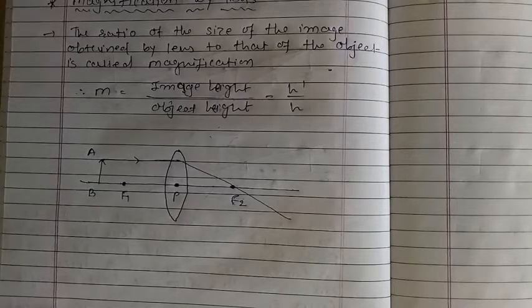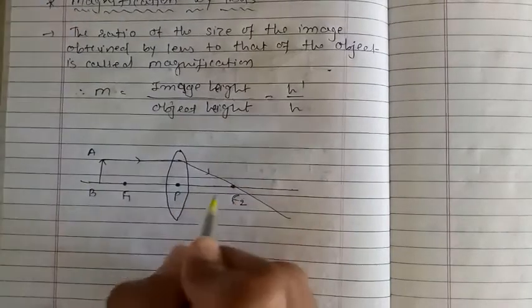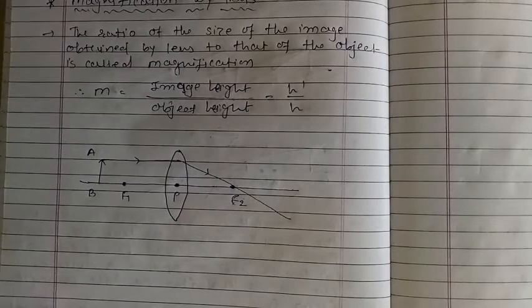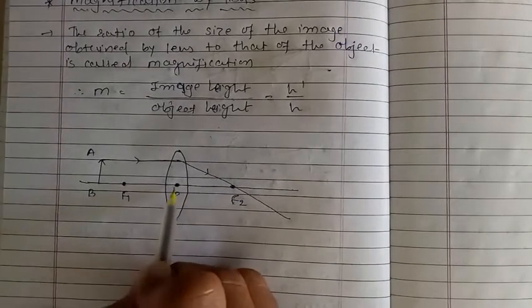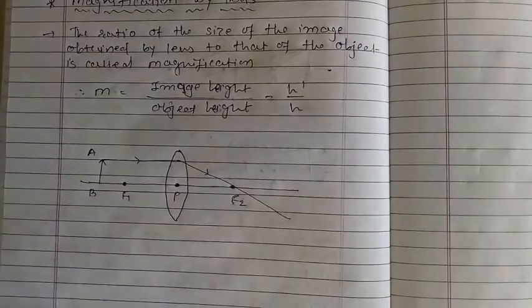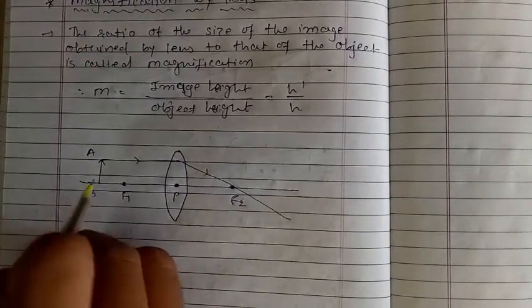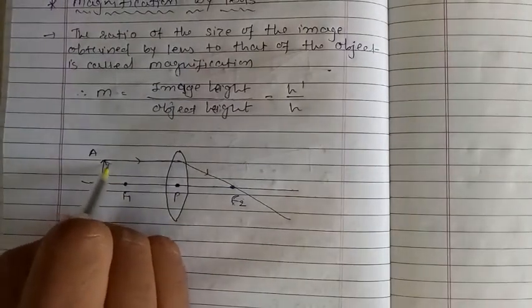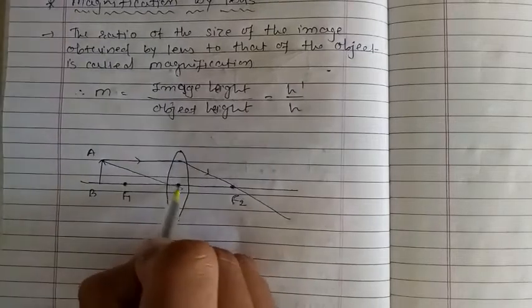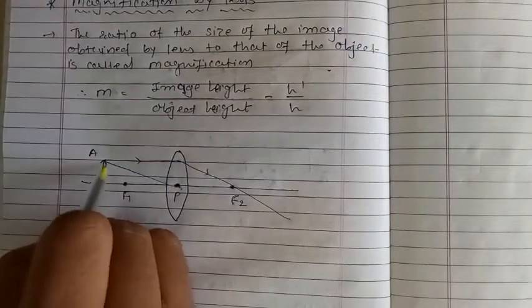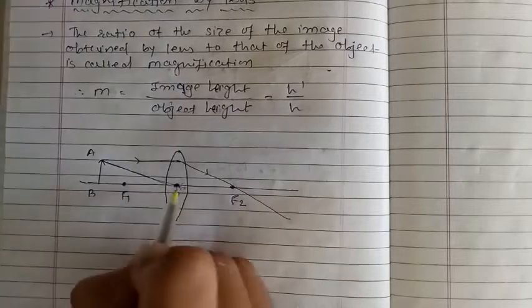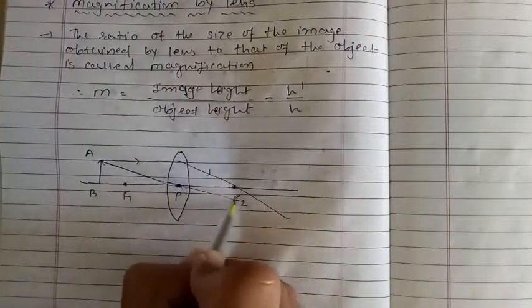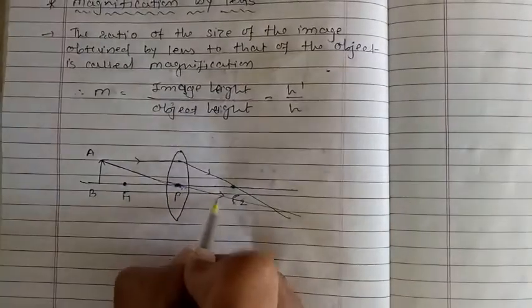Okay. Now we already know that if a ray of light passes through the optical center, then there will be no deviation after refraction. So we consider a second ray passing through the optical center like this. This ray passes without any deviation.